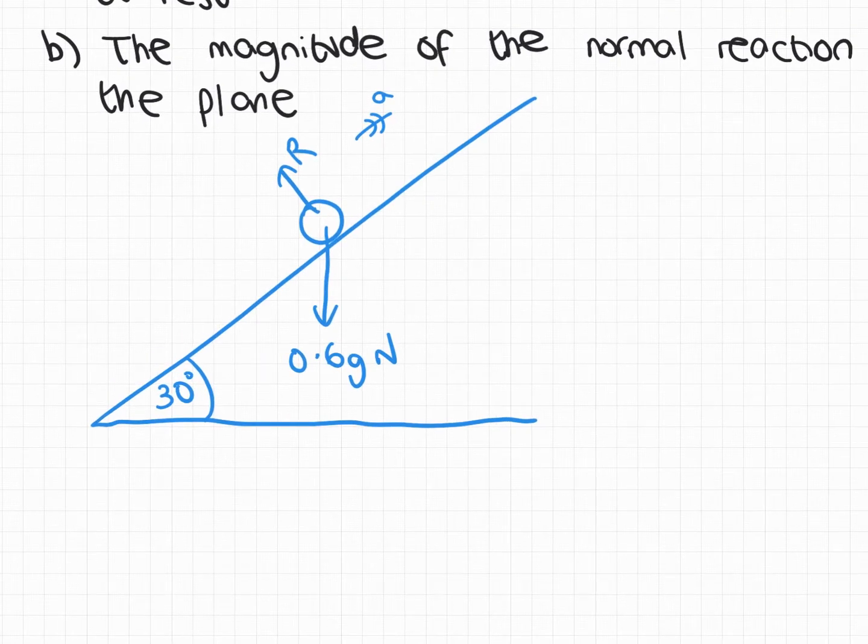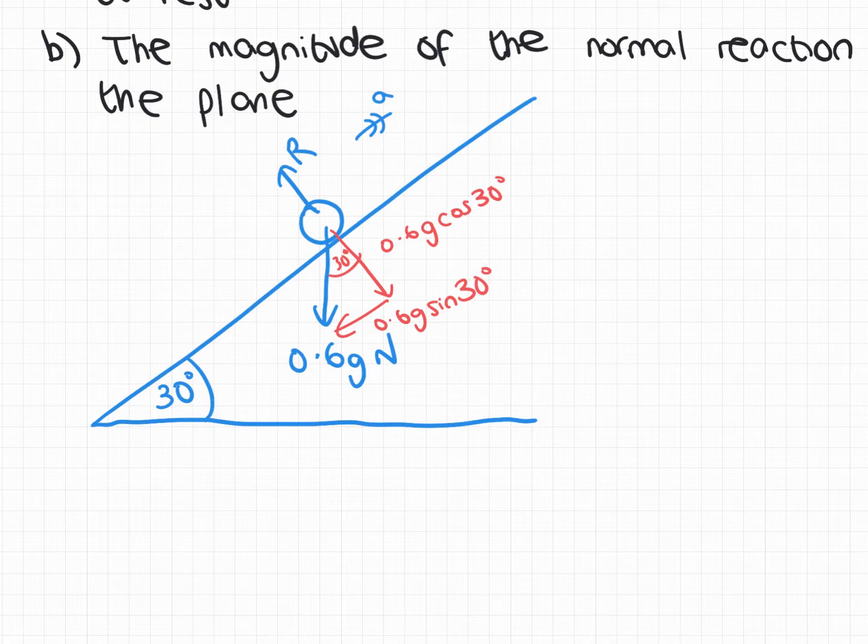So if I just look at this force, that angle is going to be 30 to there, that's going to be 0.6g cos 30, and that one's going to be 0.6g sin 30.